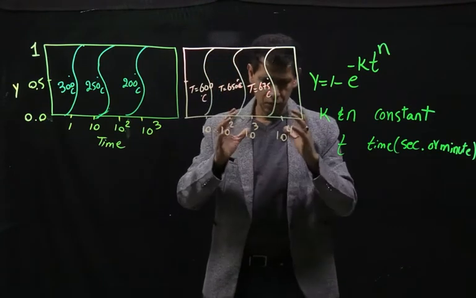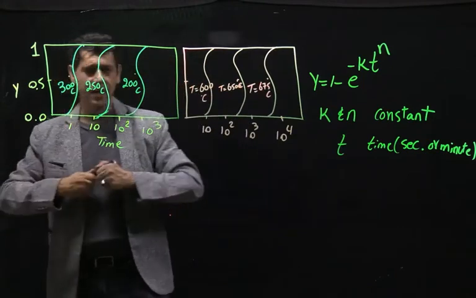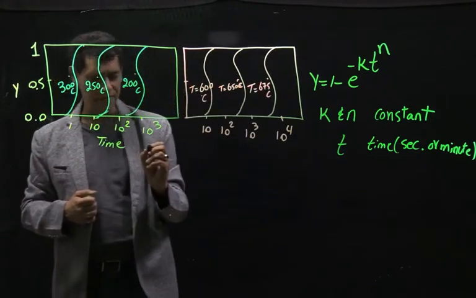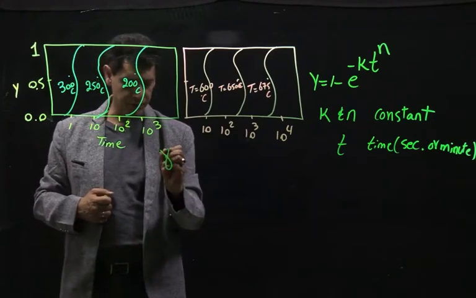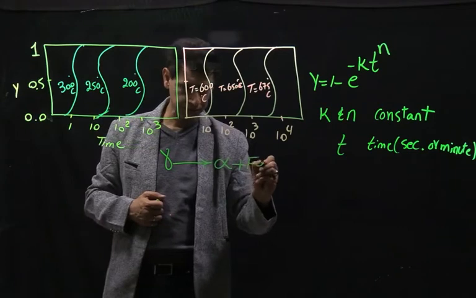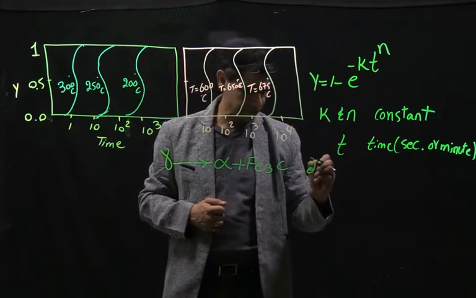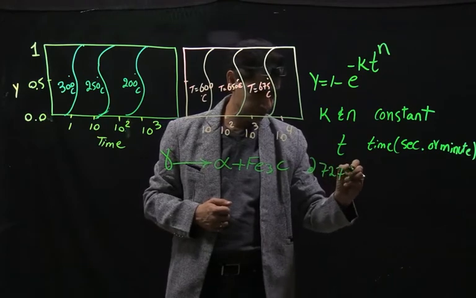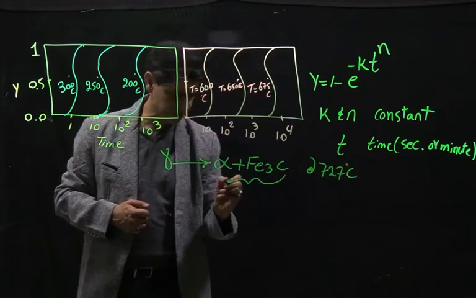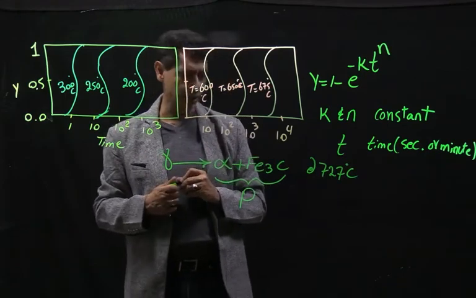So mostly we talk about eutectoid phase transformation, in which you have austenite become ferrite plus cementite. This happens at 727 roughly. And if this happens in the form of a lamellar structure, it's called pearlite.